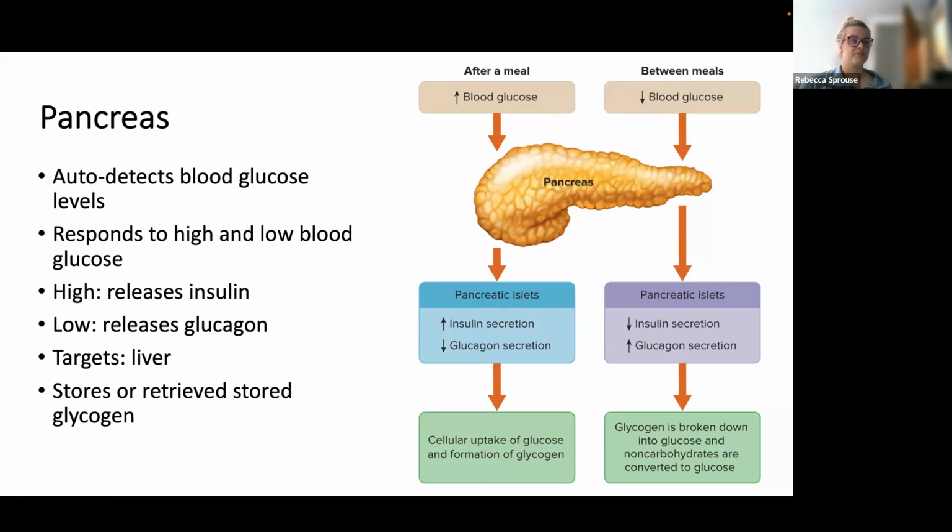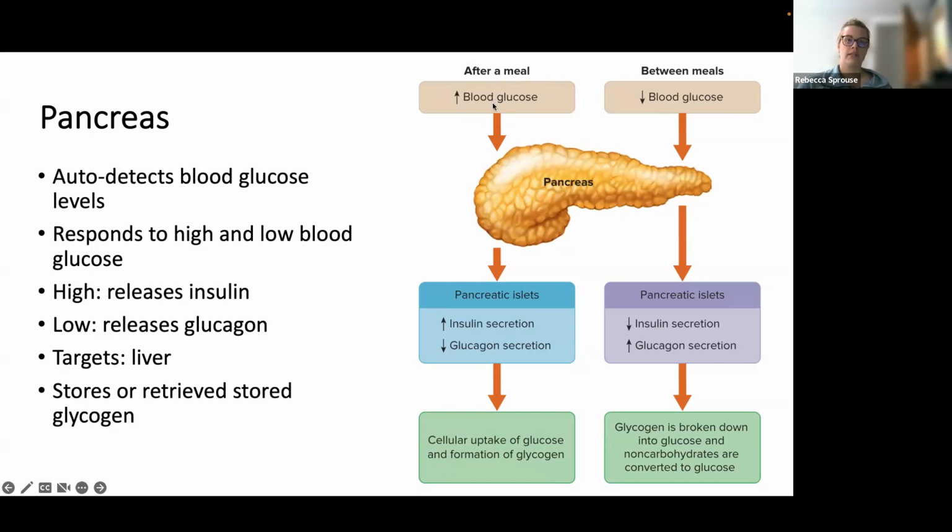Anyway, the pancreas. All right, endocrine function with the pancreas, because we are in the endocrine section. Remember, the pancreas is also exocrine, but we're going to talk about that later. The pancreas auto-detects the levels of glucose in the bloodstream, and it responds to too much glucose or too little glucose. So let's say you eat a meal, and after a meal, your blood glucose spikes, right?